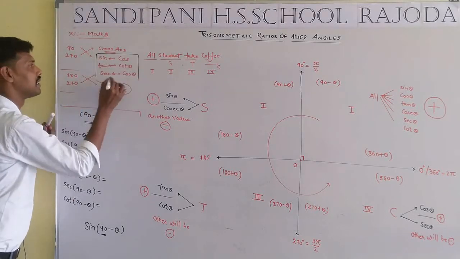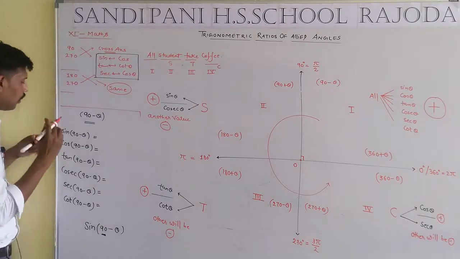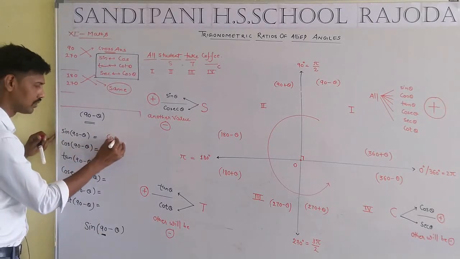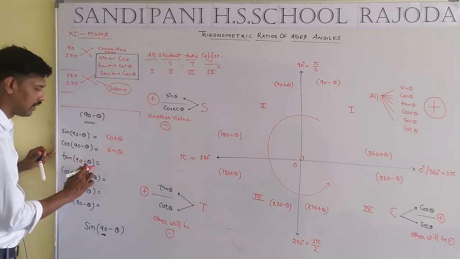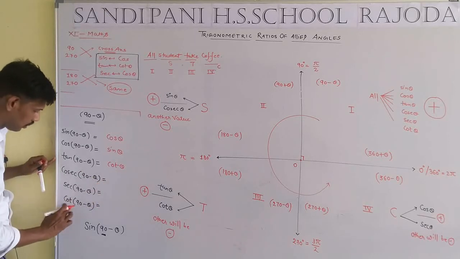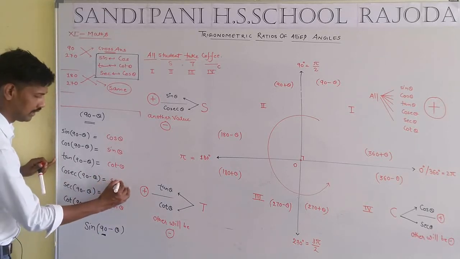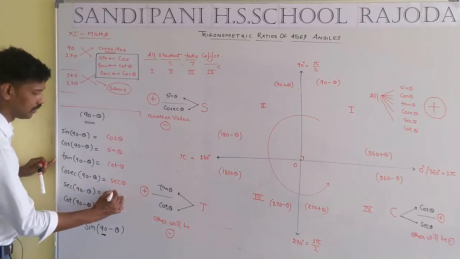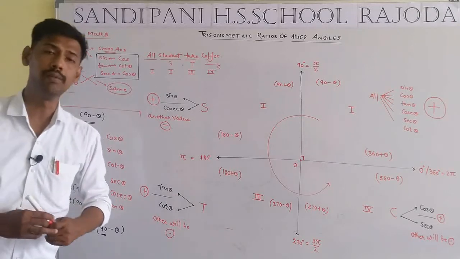Cross answer means sin will be converted into the form of cos. That means sin theta becomes cos theta, cos theta becomes sin theta, tan theta becomes cot theta, cot theta becomes tan theta, cosec theta converts into sec theta and sec theta will be converted into cosec theta. I think 50% of the answer will be finished.